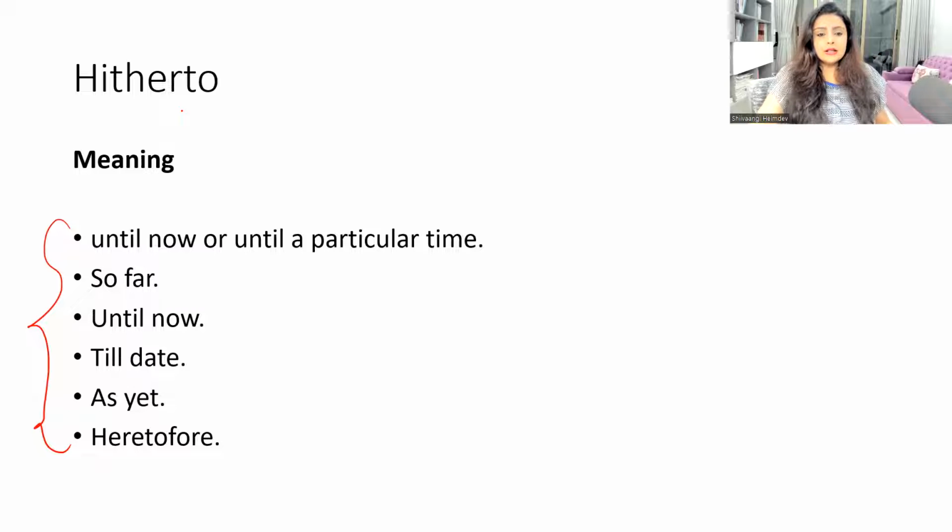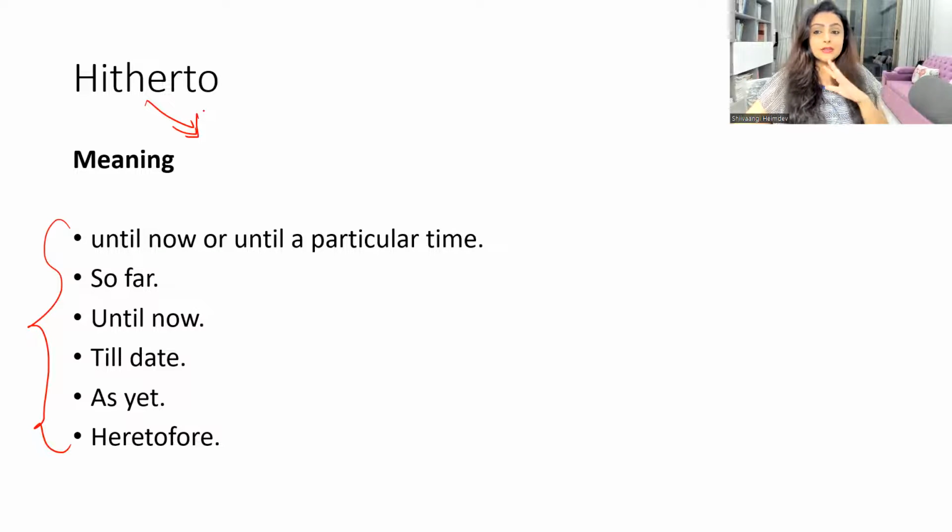Now, the next question is how should you use this in a sentence? Before you understand the actual usage of any word in a sentence, it is imperative that you understand the part of speech of that particular word.